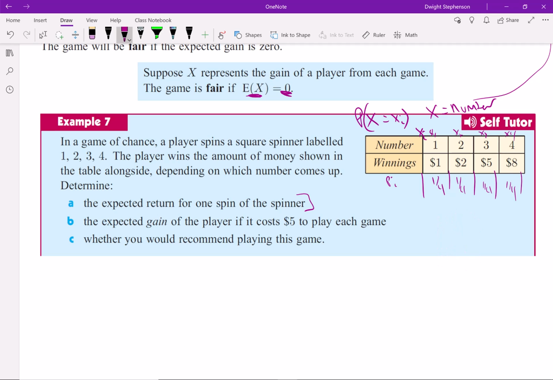What's different is our winnings, right? If I land on different numbers, I get more money. So the expected return is basically going to be the mean return, like on average, how much would I earn? So again, that's just going to be the mean. So the expected value of x is going to equal the sum of xi times pi from, in this case, 1 to 4, right?